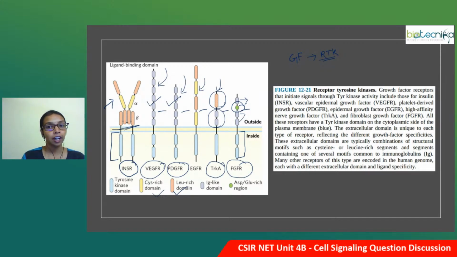Of course, I cannot say 100% of growth factors undergo RTK. If I say this, this is an incorrect statement because we have some exceptional cases. So we can say that almost 90% of growth factors will undergo the RTK pathway.